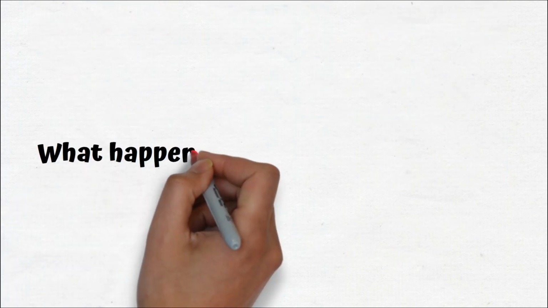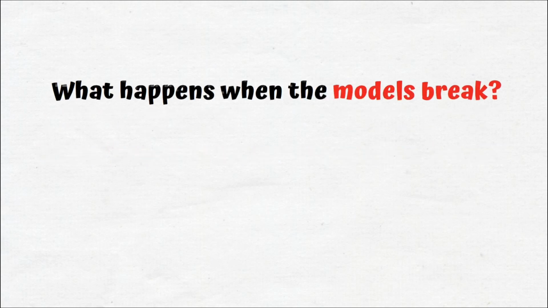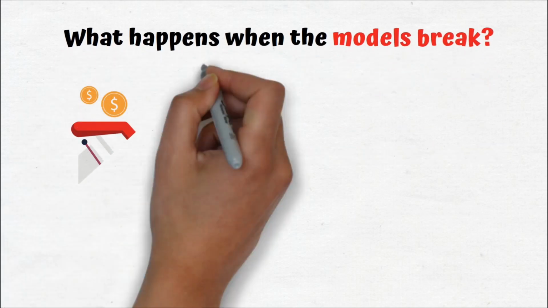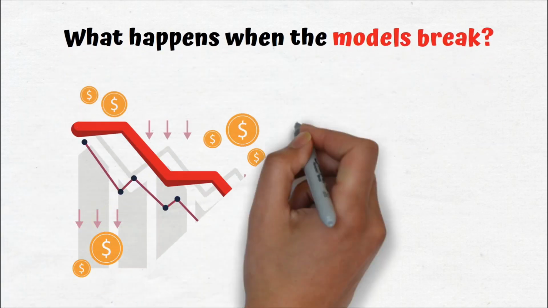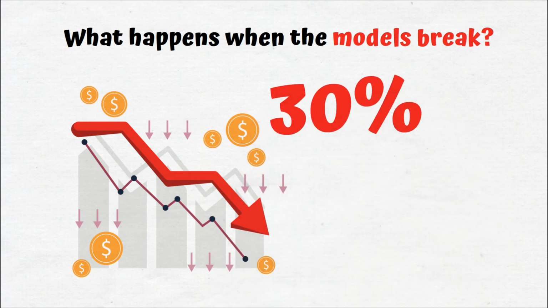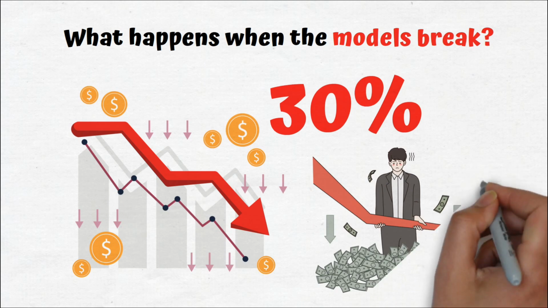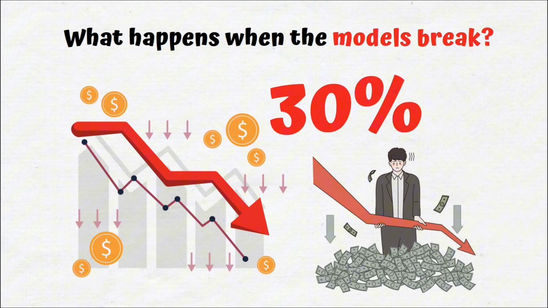What happens when the models break? During the 2008 financial crisis, many mortgage-backed securities with high negative convexity dropped dramatically in value, even when underlying mortgages didn't default. Some funds lost over 30% in a quarter, not because of credit defaults, but because of poor convexity risk management.